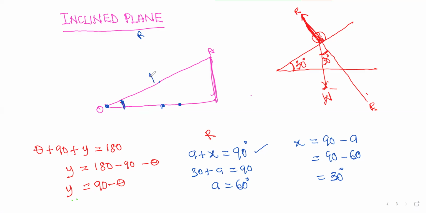So if you have a body placed on an inclined plane, the angle between the weight of the plane, in fact, let me use straight lines. This is a normal reaction.